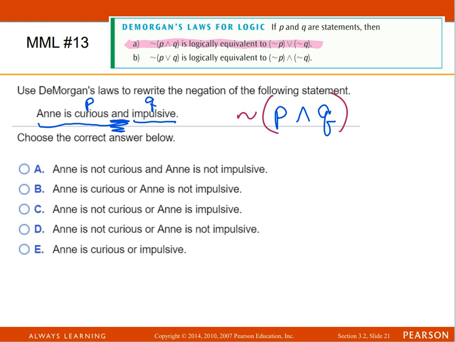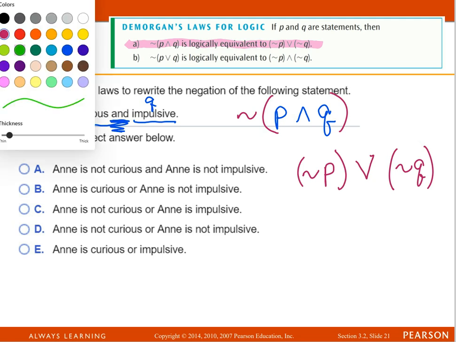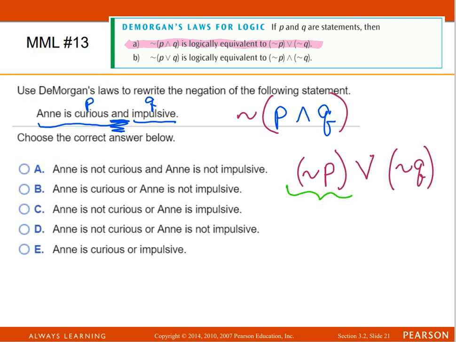De Morgan's laws said that to negate it, it would be logically equivalent to negating the P first and negating the Q second, but then doing an or. So if P is Anne is curious, then the negation of P would be Anne is not curious.